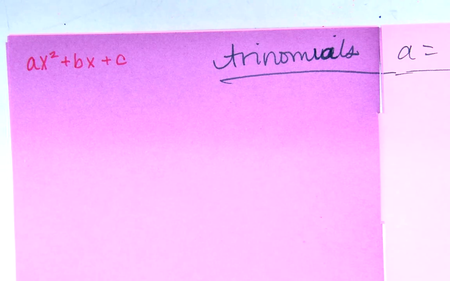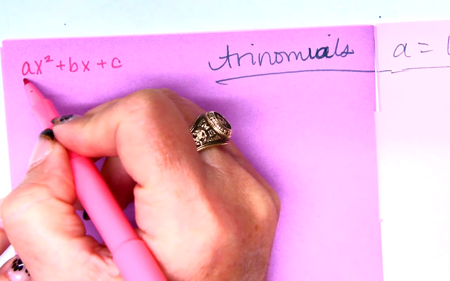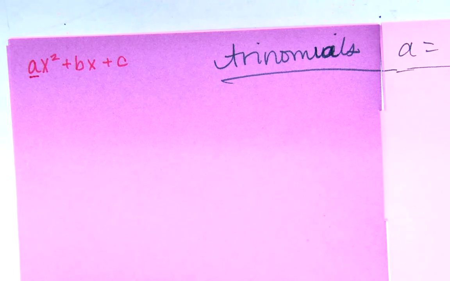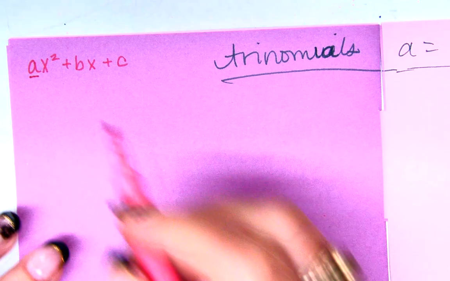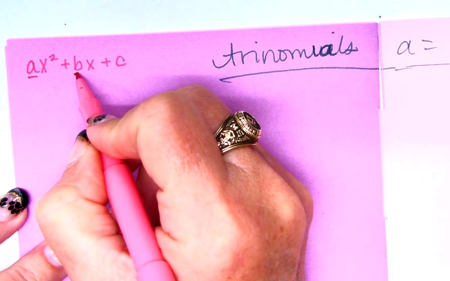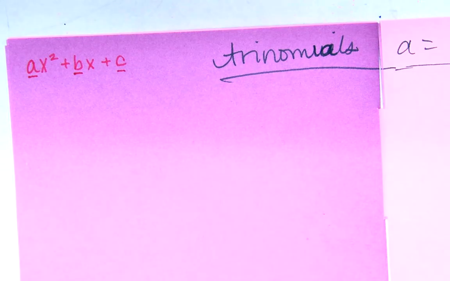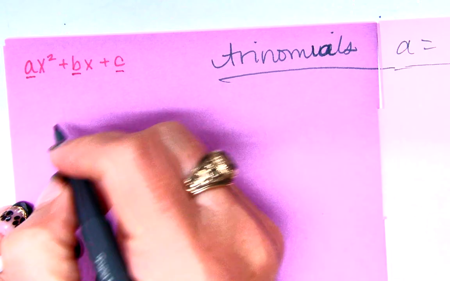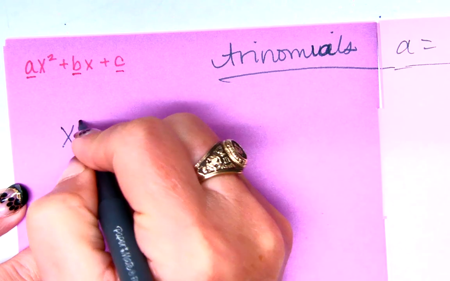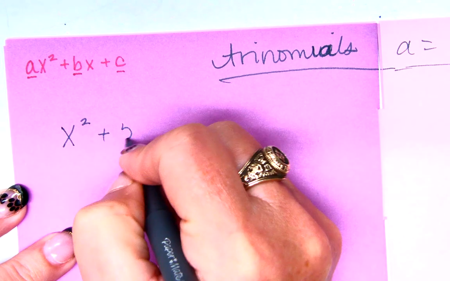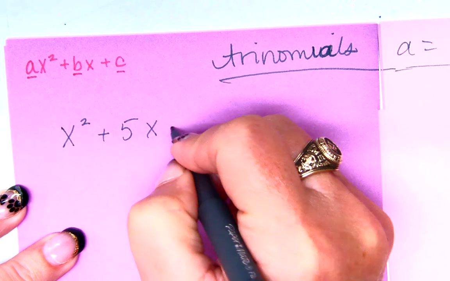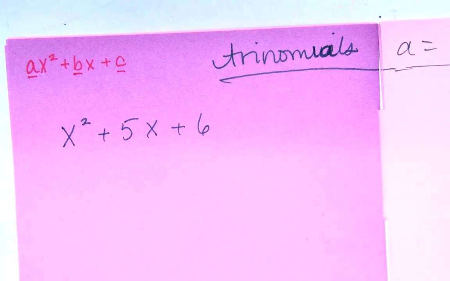Okay? But where is the a? In front of the what? X squared. Where's the b? In front of the x, and where's the c? By itself, no variable with it, right? So if I ask you to do this problem, x squared plus 5x plus 6, could you identify a, b, and c for this problem?